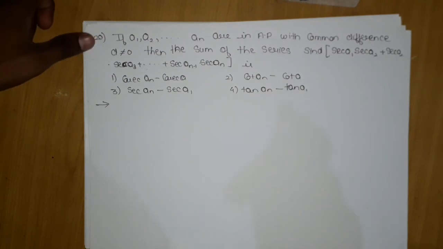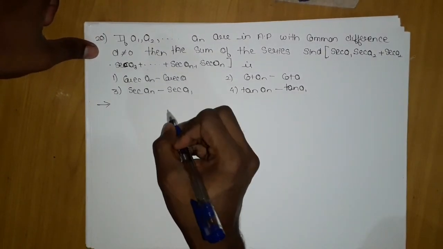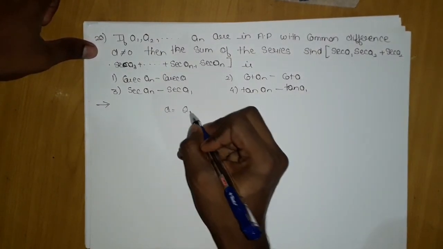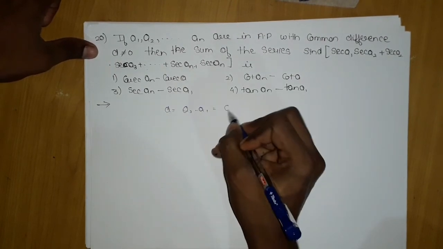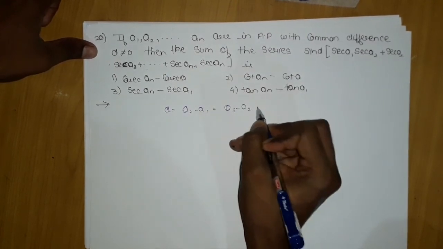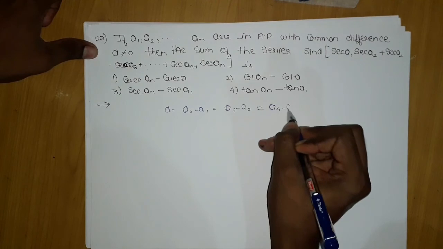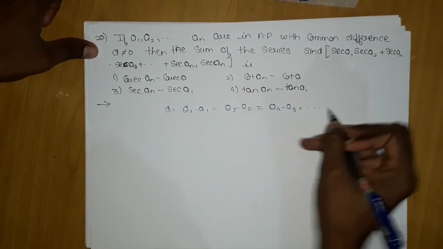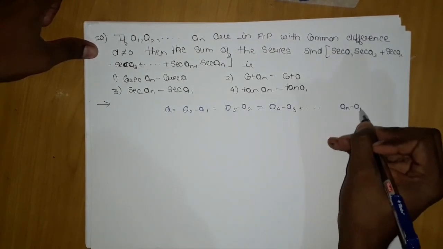Since we have done these types of problems, it is very common that a2 minus a1 is equal to a3 minus a2 is equal to a4 minus a3 and so on till an minus an minus 1.